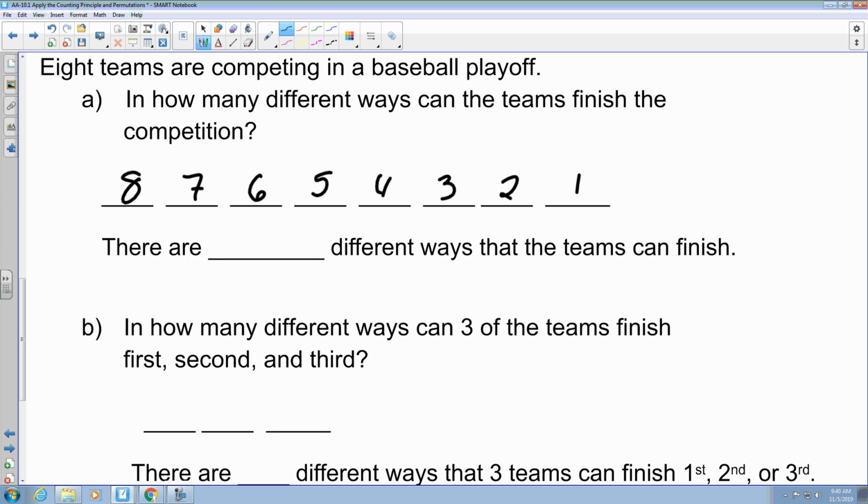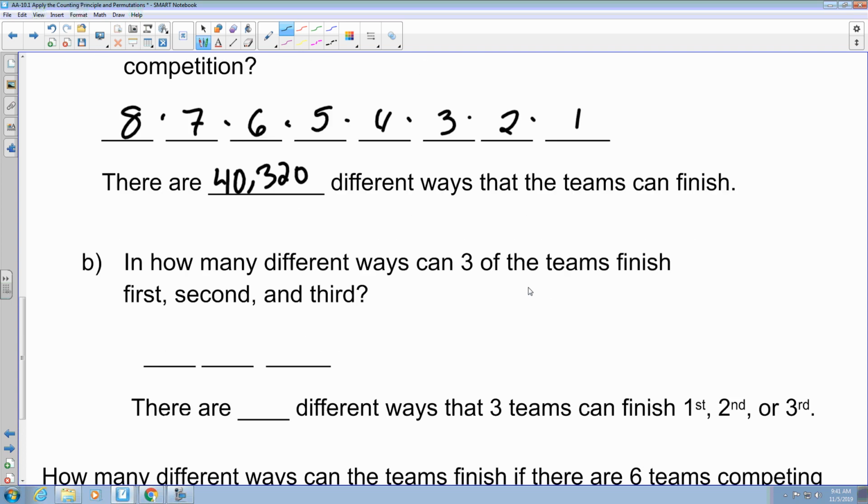To determine how many possible outcomes, since we have an order here, you have the opportunity to be any one of these places. So you just multiply 8 times 7 times 6 times 5 times 4 times 3 times 2 times 1. And the result is there are 40,320 different ways that the teams can finish, because order is important here.